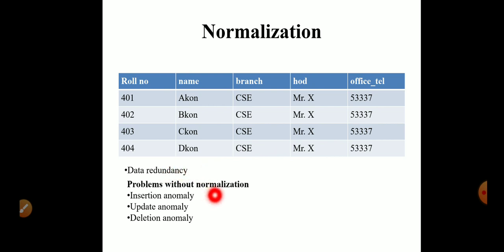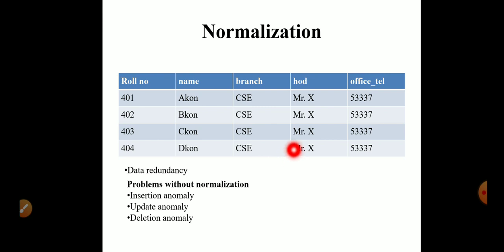Next we'll see the problems faced if the table is not normalized. There are 3 problems: insertion anomaly, update anomaly, deletion anomaly. First, insertion anomaly.